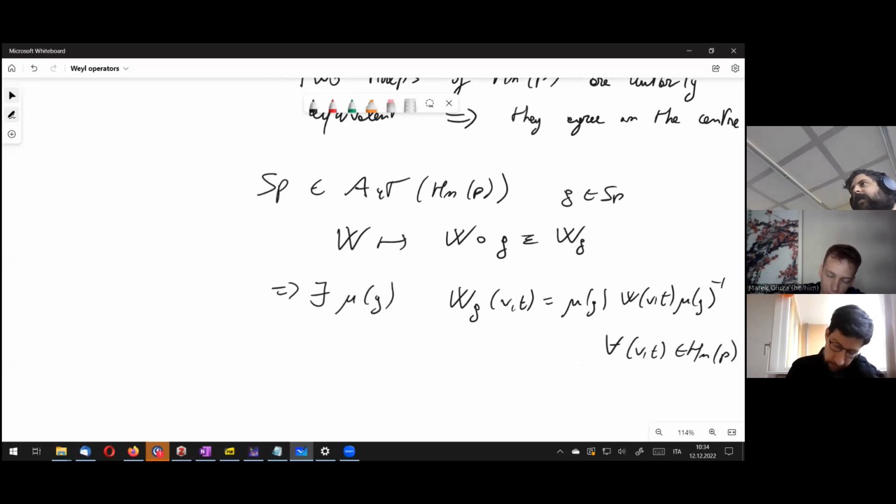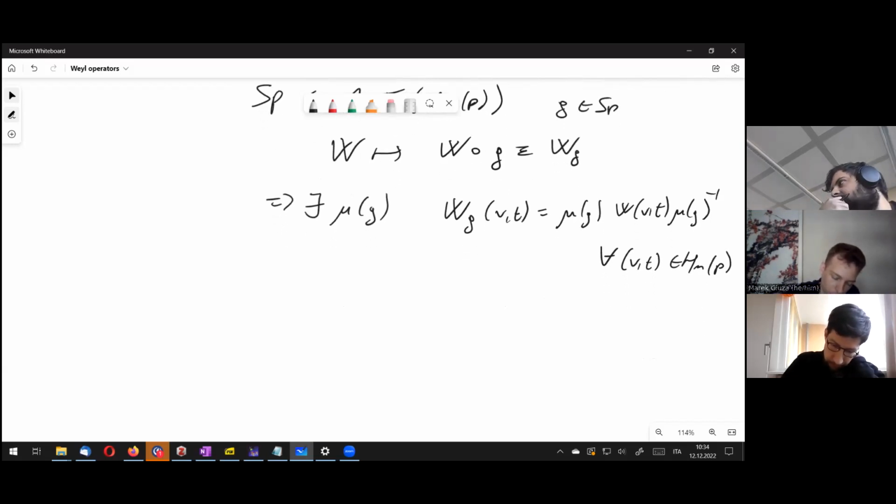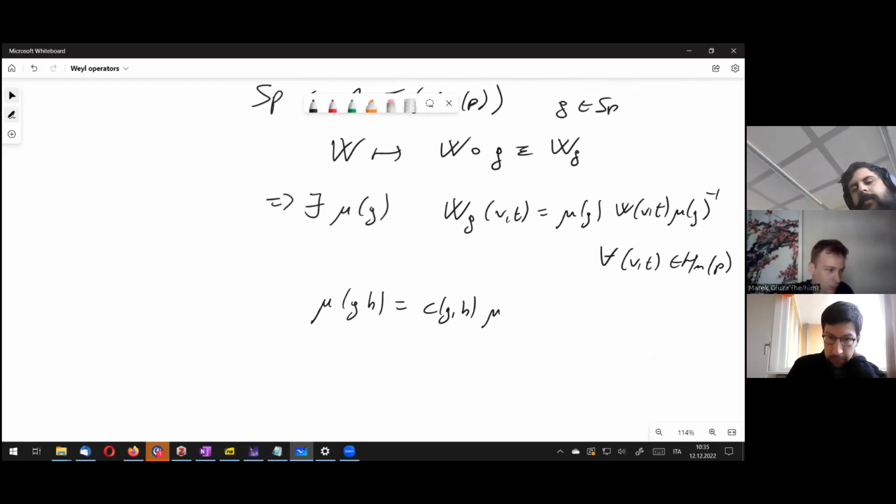This operator is uniquely determined, and this is another result of Stone-von Neumann's theorem, up to a phase. So in representation theory language, that means that this is a projective representation. This condition of indetermination up to a phase can also be written in this way: mu of GH is a sum function of G and H, mu of G, mu of H.